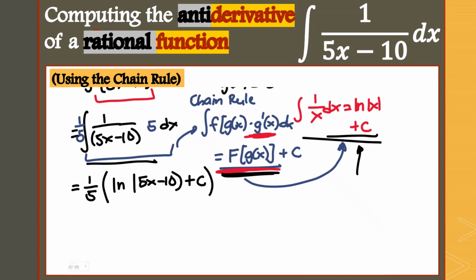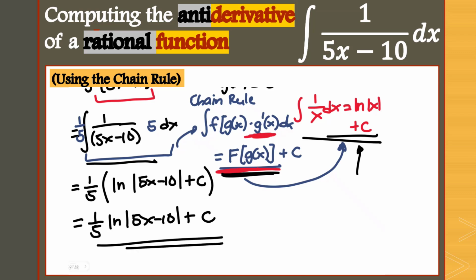Of course, you can write plus c later on. It's up to you, but I'm just going to follow what we've been doing previously to write plus c, but of course we will have plus c later on in general form. This means we have here 1/5 times the natural logarithm of 5x minus 10 plus 1/5 c, or again, generally it's just arbitrary constant c that will describe all.